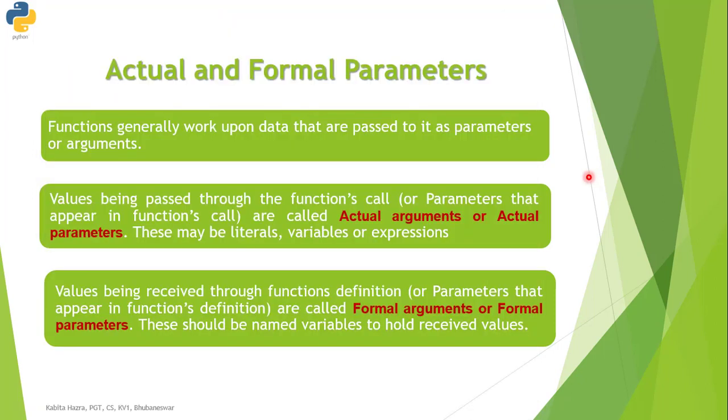So this is what we are discussing, the values being passed through the function call statement. The parameters that appear in the function call are called actual parameters or actual arguments. They may be simply values or variables or expressions. However, the parameters that appear in the function's header line are known as formal parameters, and they should be named variables as they have to hold the received values.